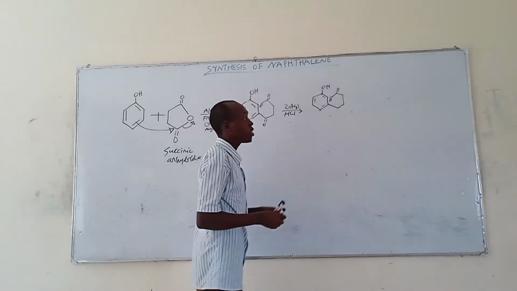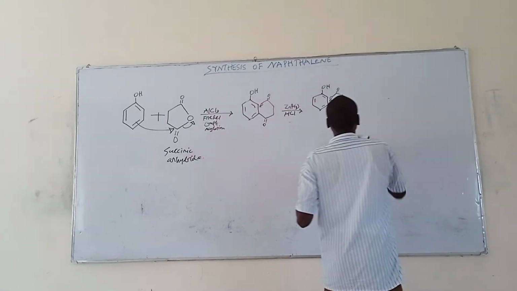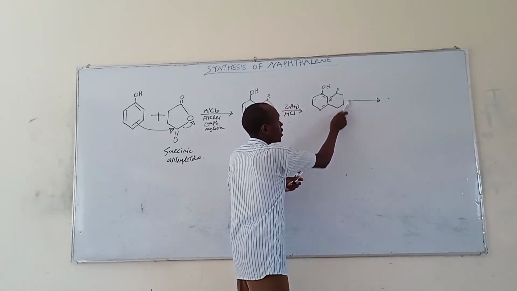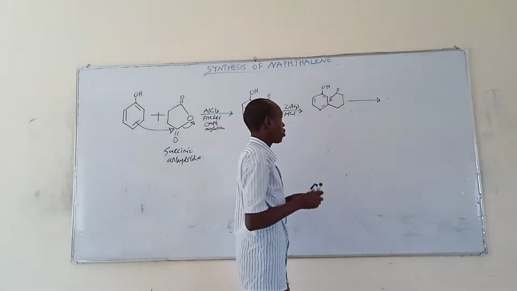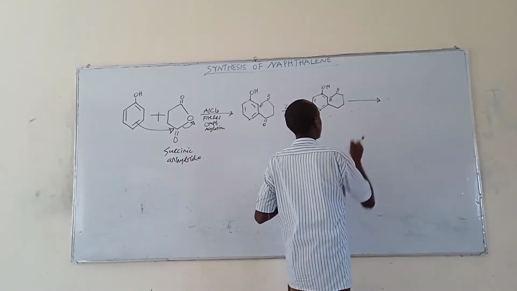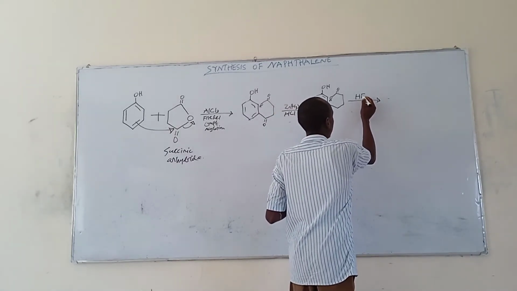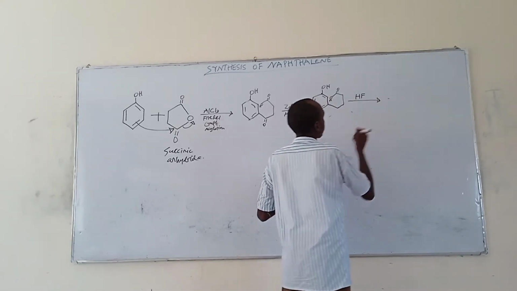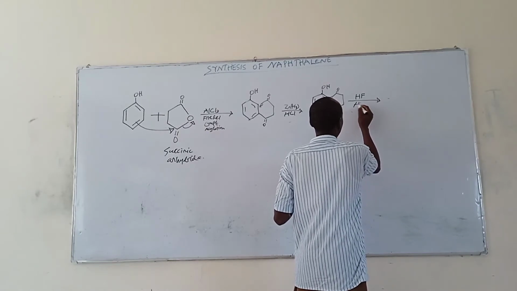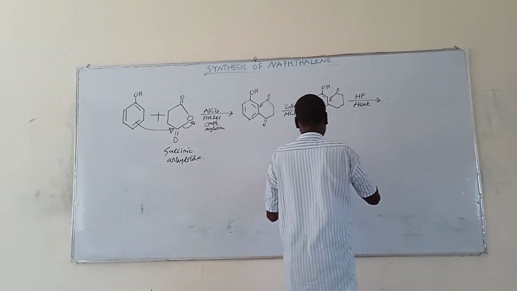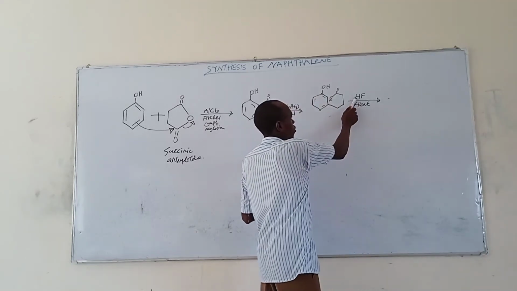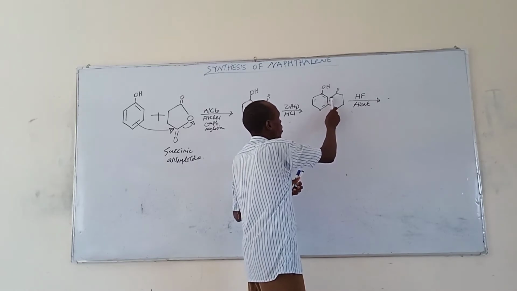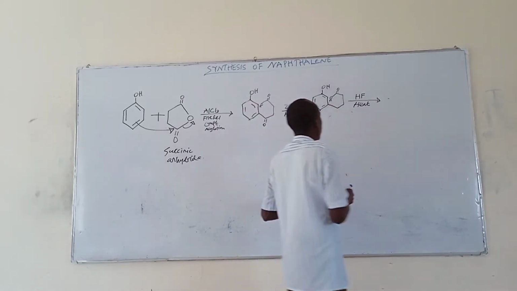After arriving here, we are going to conduct what is called the ring closure. You realize that this is an open ring, so we are going to carry out ring closure using HF, hydrofluoric acid, in the presence of heat, so that this hydrofluoric acid shall donate the hydrogen to this hydroxyl group here, so that it forms water.